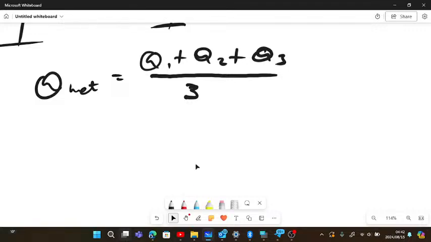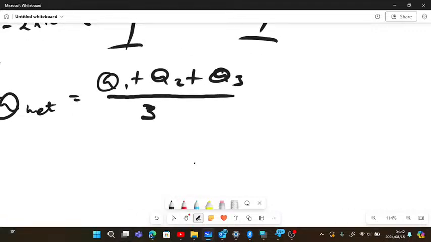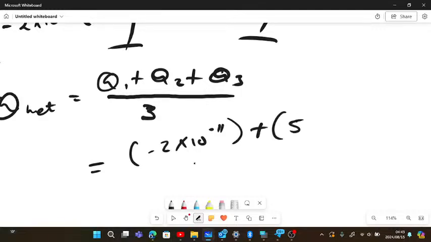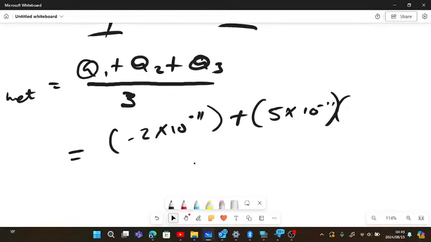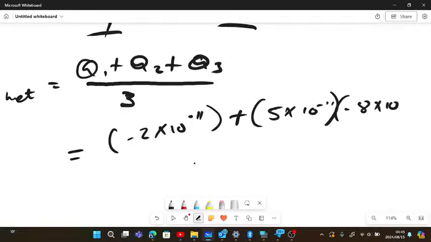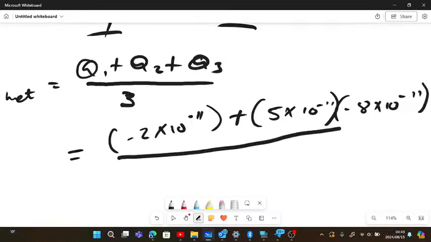We bring those spheres together and then separate them. The first sphere had -2 times 10 to the -11 coulomb, the second sphere had 5 times 10 to the -11 coulomb, and the third sphere had approximately -8 times 10 to the -11 coulomb. I am going to take all of these and divide them by the number of spheres, which is 3.